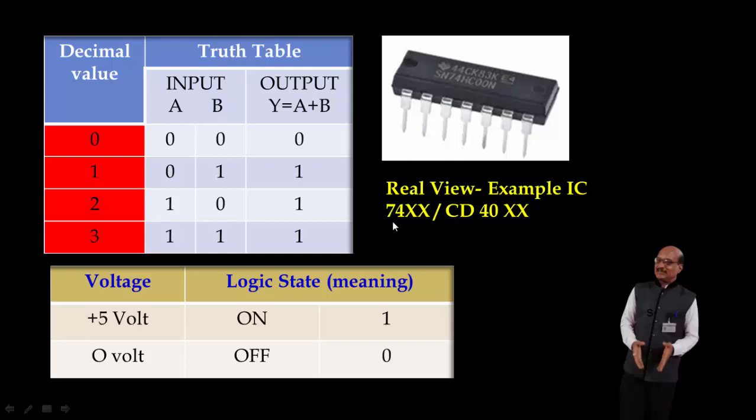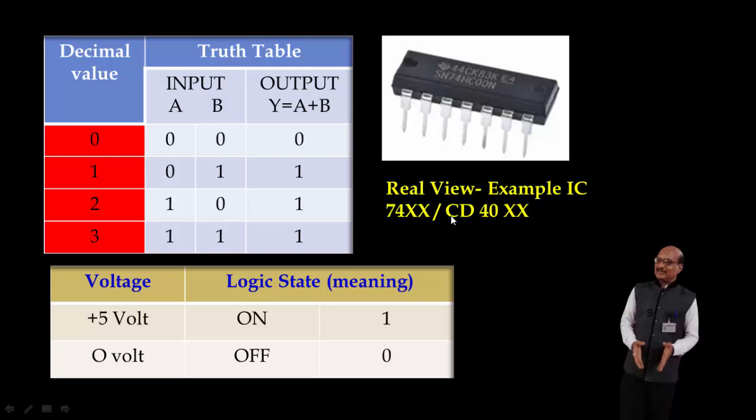So this 74 series indicates that this is a TTL family, transistor logic family gates, and the 2 digits XX indicates the type of gate available within that IC. So this 74 series is usually called as TTL family of logic gates.